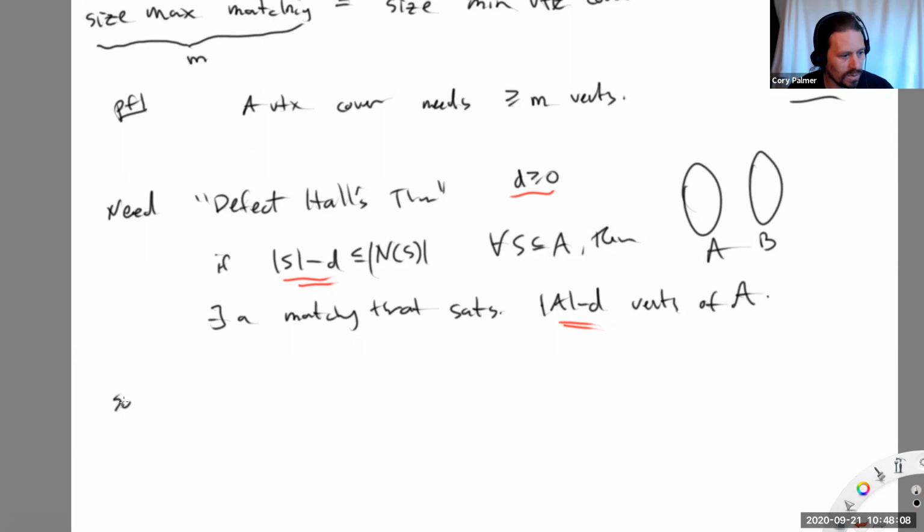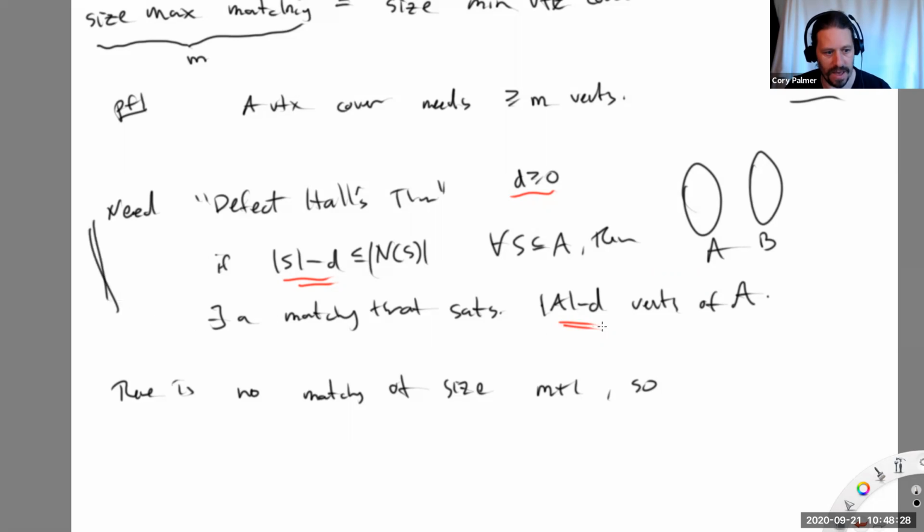So, okay, suppose, oh, wait. No, there is no matching of size m plus 1 in G, because the maximum was m, we gave it a name. So this means that the defect form of Hall's theorem would fail if this size here were m plus 1.